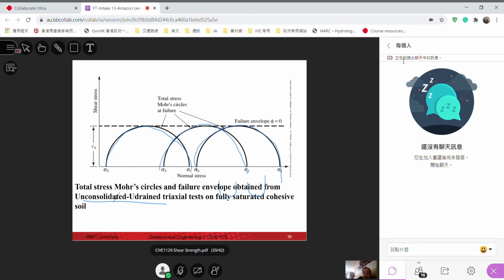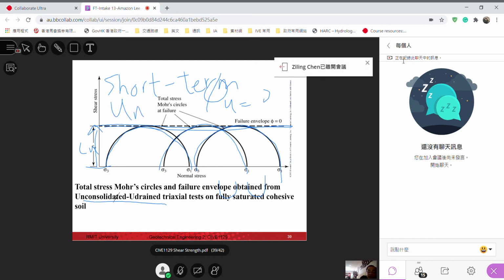And then the friction angle would be zero, and you just have a cohesion intercept. Now this only works for short-term, undrained condition.